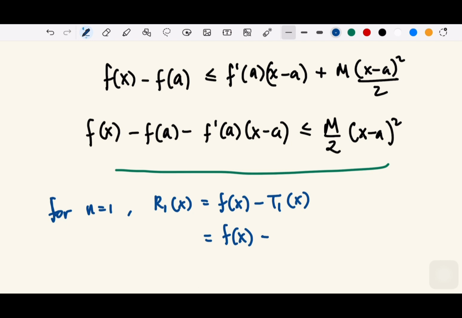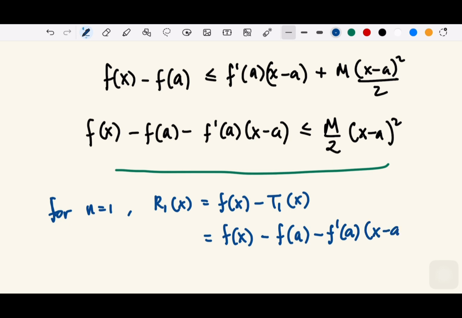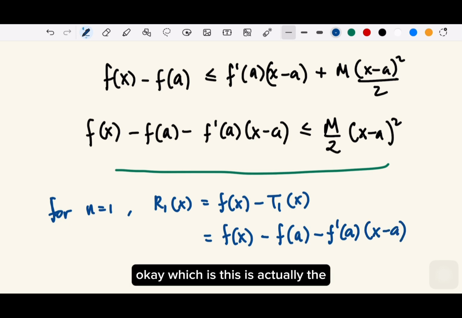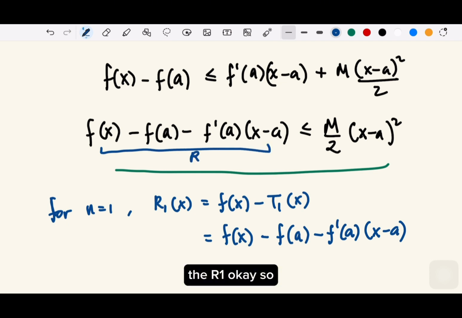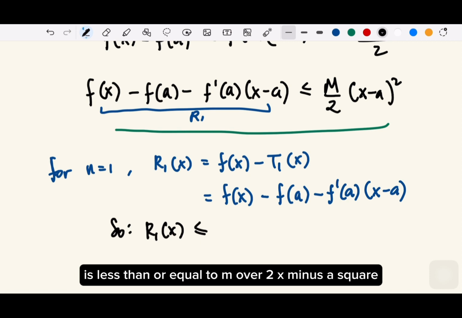This will be f of a plus f prime of a times x minus a, which is actually the R1. So R1 is less than or equal to M over 2 times x minus a squared.